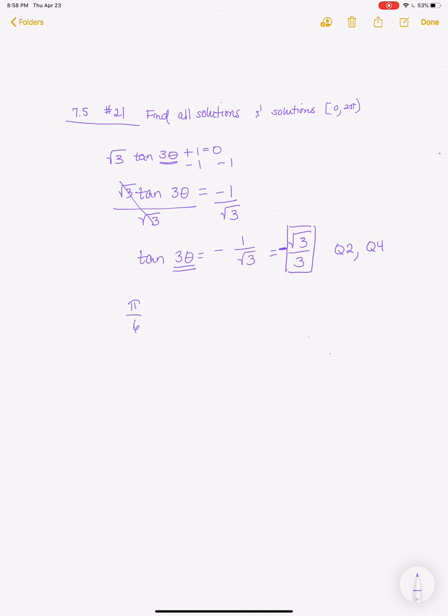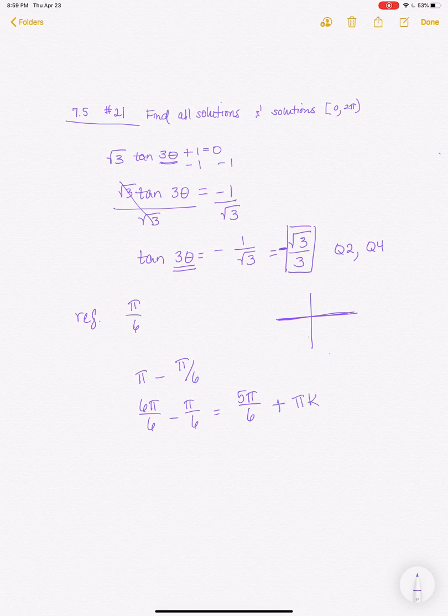Now, to find my angles out of quadrants 2 and 4, remember that we're always going from the x-axis. So to find it out of quadrant 2, I'm just going to do pi minus pi over 6, which with a common denominator is 6 pi over 6 minus pi over 6, which is 5 pi over 6.